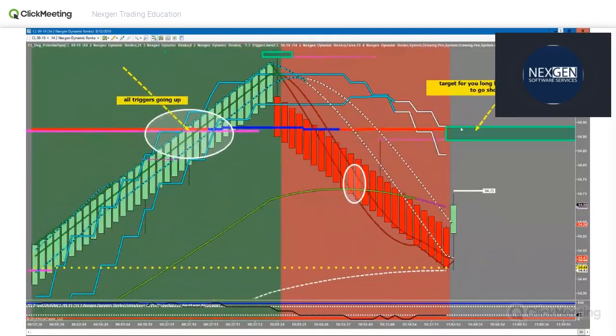And again, I'd love to see us get back up to this 92 because this is the type of area where we'll end up seeing counter trend trades, edge trades, pivot stop out shorts. This is the type of area where we would see pivot stop out longs, and this is the type of area where we'd see pivot stop out shorts. So pretty easy, right? At the edges, we'll do pivot stop out longs or shorts. And in the middle, with all the triggers going really strong, we'll try to do trend trades.